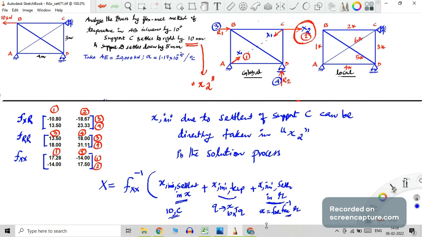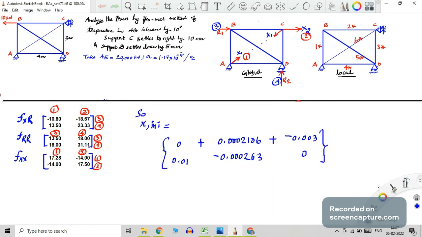Okay, so this much, three things we have done here. So that is a recap of whatever you have done. Minus fxr into r. This r is minus 10 and 0 in this particular formulation, coordinate 3 and 4.